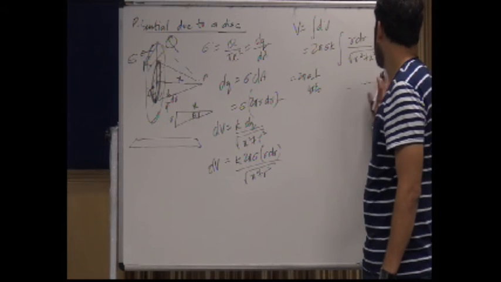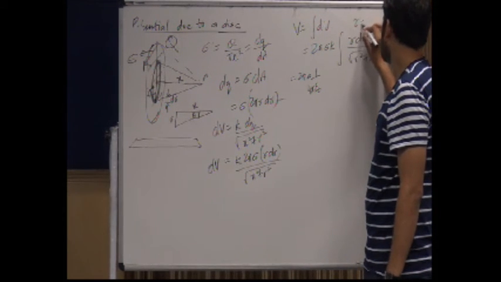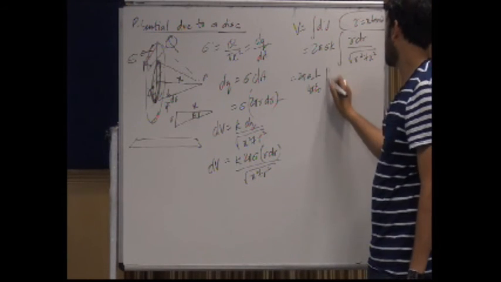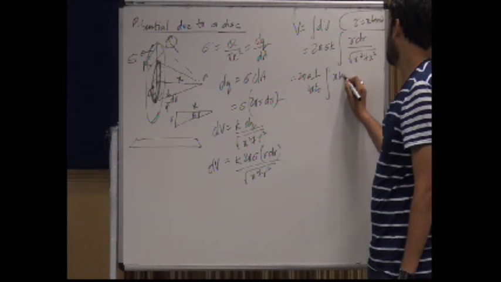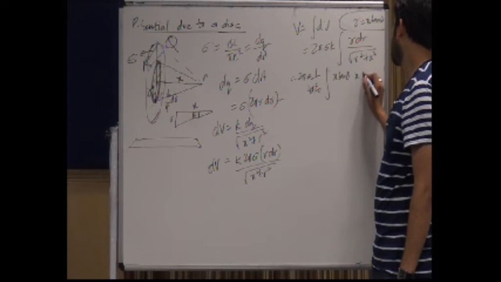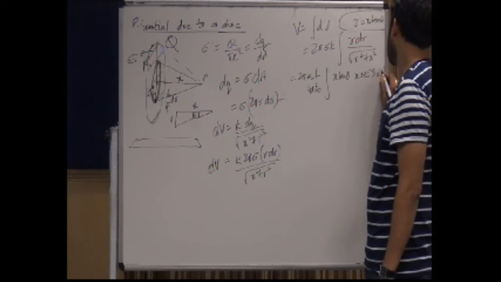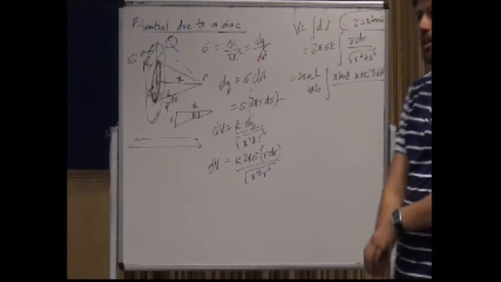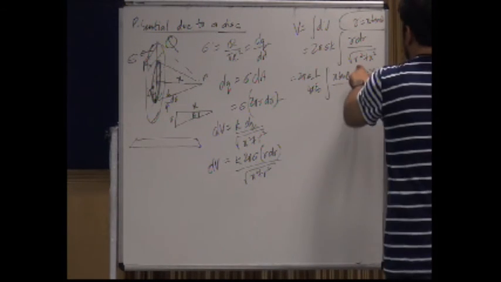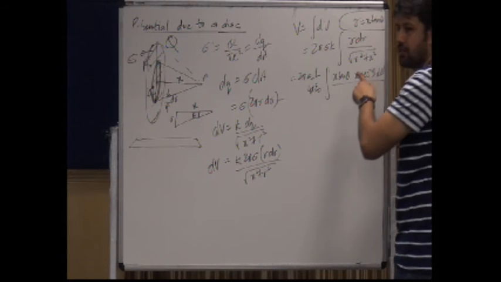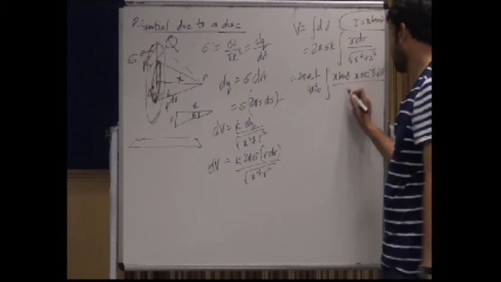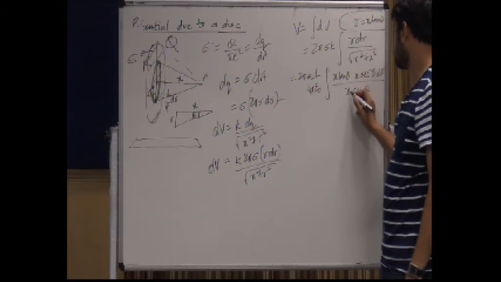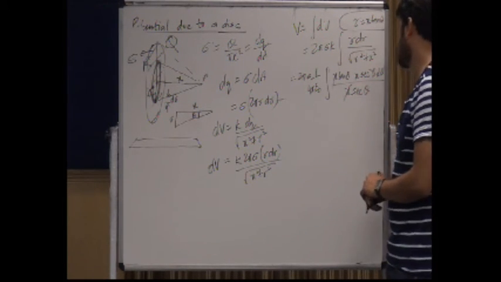Sigma, I'll write r equal to x tan theta here: x tan theta, dr would be x secant square theta d theta, and the denominator would be under root x square tan square theta plus x square. It would be x square secant square theta, or x secant theta. So many x.